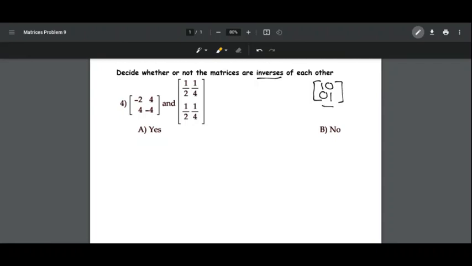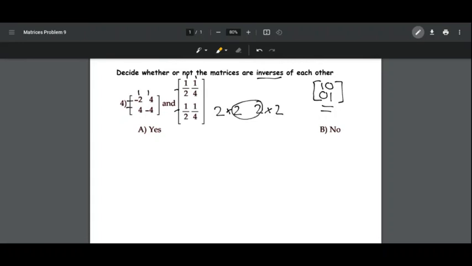And now let's multiply. As you can see, the first matrix has 2 rows and 2 columns, so 2 by 2, as well as the second matrix. It has 2 rows and 2 columns. As you can see, the inner numbers are a match, so they are defined and we can multiply them.